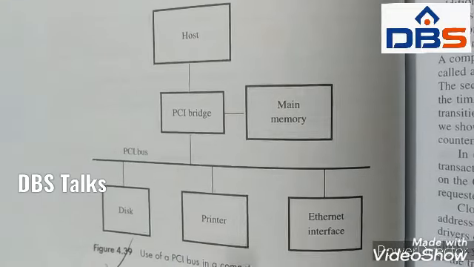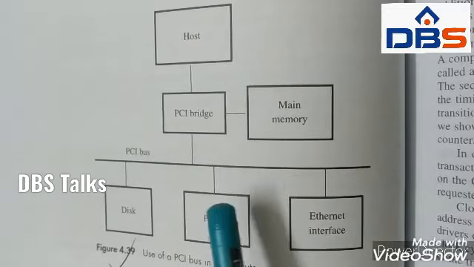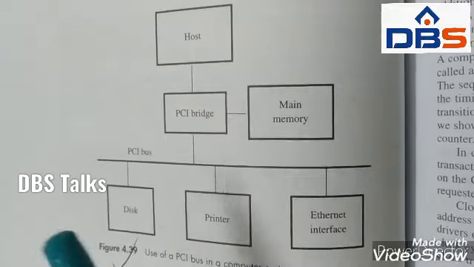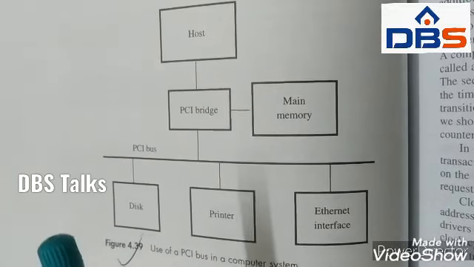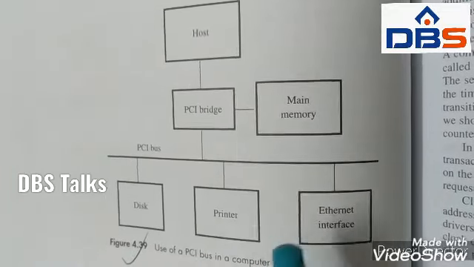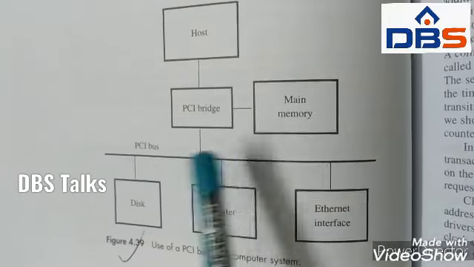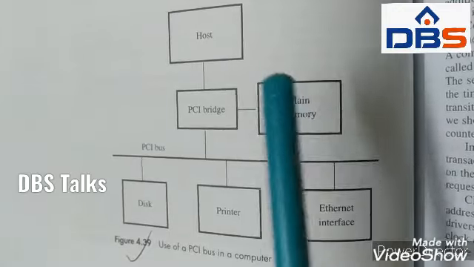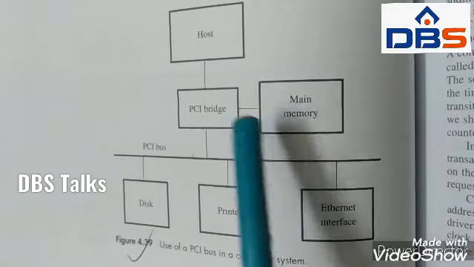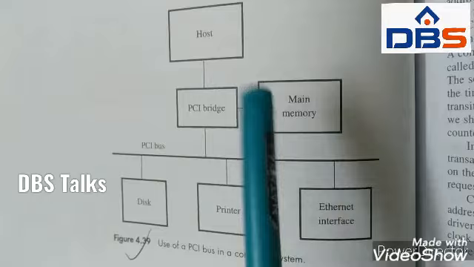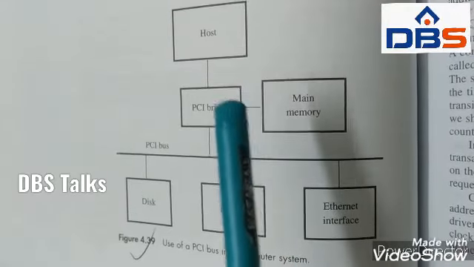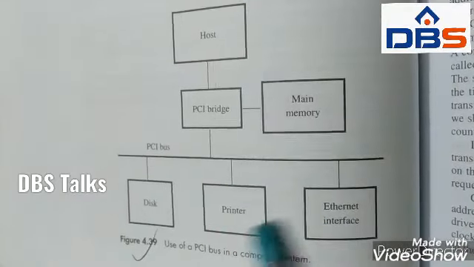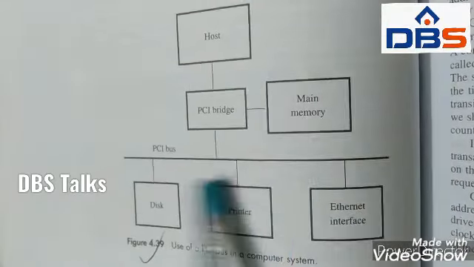An important feature of the PCI bus is plug and play capability for connecting I/O devices. To connect a new device, the user simply connects the device interface board to the bus, and the software takes care of all the rest of the things. Now this is the PCI bus.